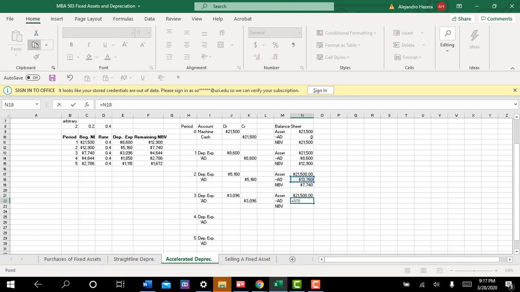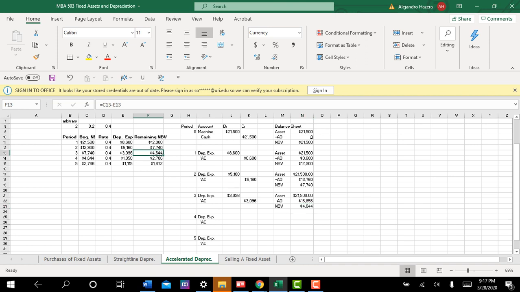Your accumulated depreciation is going to be your beginning accumulated depreciation plus your new depreciation expense. That's summing up very quickly. And your net book value is going to be your asset account minus your new accumulated depreciation. So you get a new net book value of 4,644, which is equal to that book value right there. That's a good way of checking it, by the way.